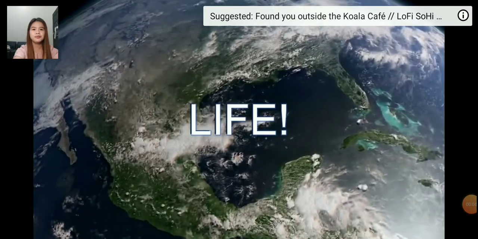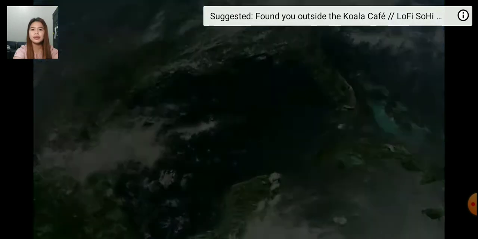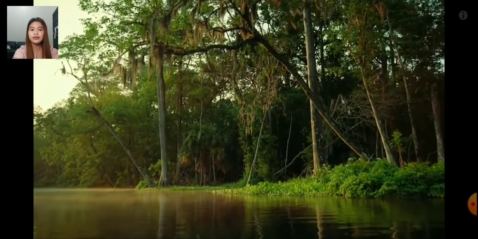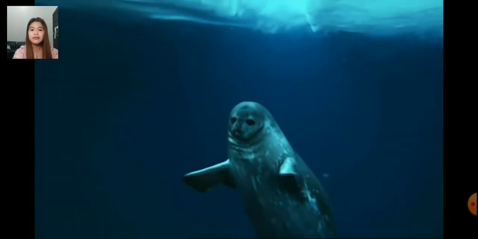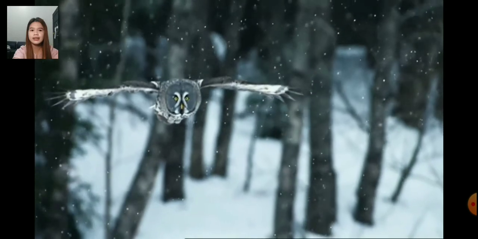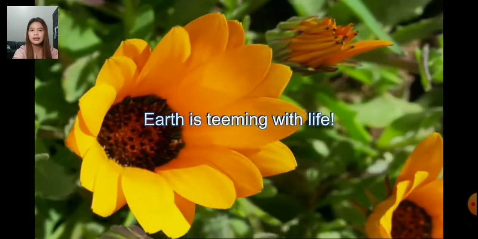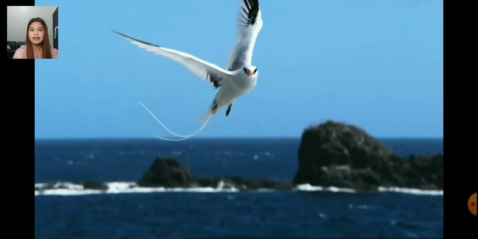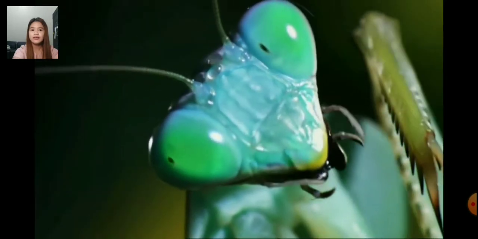Earth is the home of human beings and organisms, including animals, plants, and microorganisms. They are found in different parts of the said planet. The ecosystem, the biological communities, include living organisms like animals, plants, insects, and bacteria, as well as the non-living components like the rock, soil, water, and sunlight.